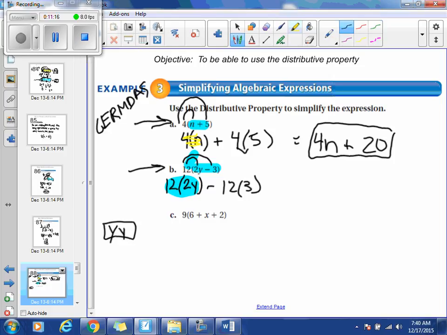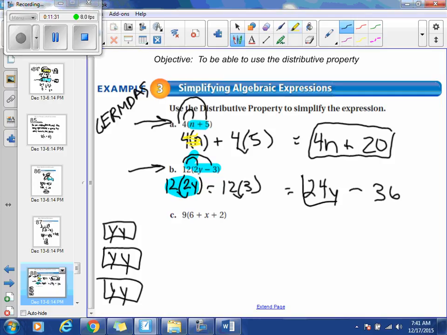If I have 2 y's, that means I have a y and a y, and I have that 12 times. So imagine I'm going to write down 12 sets of that. How many y's would that be? That would be 24 y's. Subtract, right? 12 times 3, which is 36. Done. You can't add or subtract a variable with a constant, so I just can't do that.